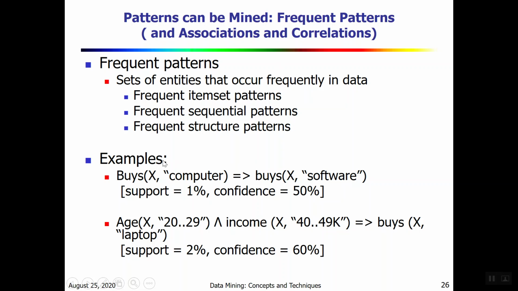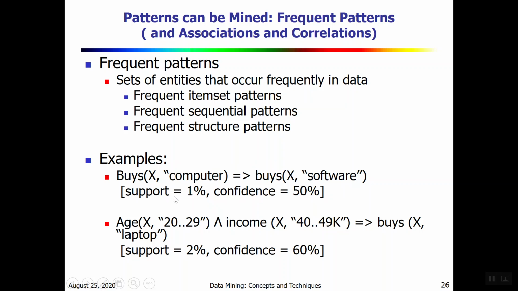Here are some examples. People buying a computer also buy software. This is an example of an association rule. What it says is people buying a computer are probably also going to buy software. This is characterized by the support and confidence metrics.